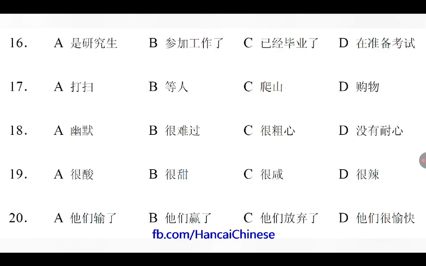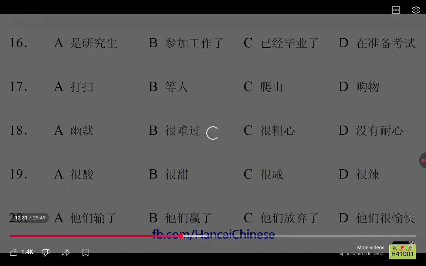In the audio they didn't mention the other options. So which one is the correct answer? C is the correct answer.